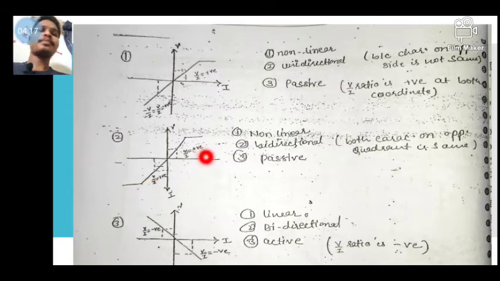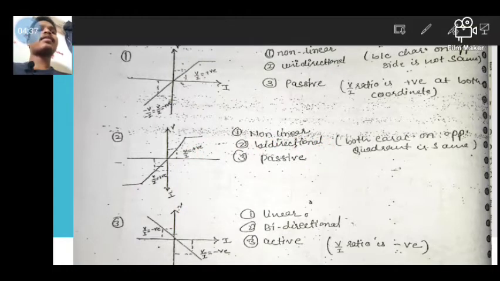Here also in this figure, it is passive in nature, and also nonlinear and bidirectional. It is bidirectional because the characteristic in the positive direction and negative direction is the same.